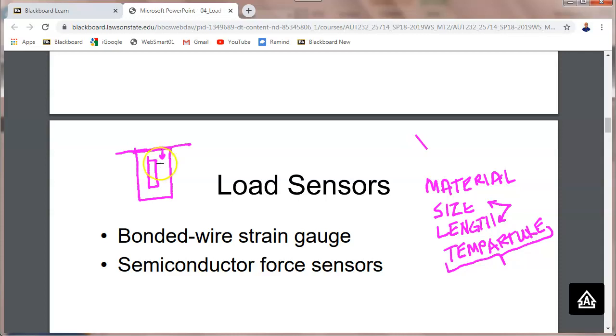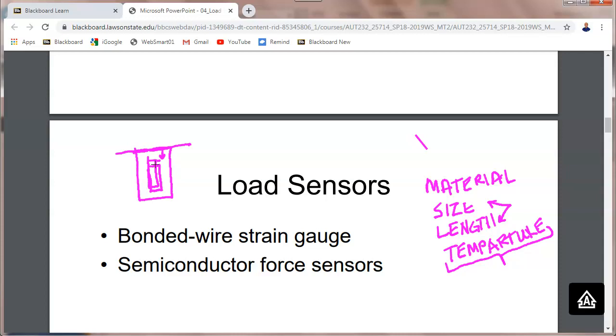It would take this conductor and not only make it fatter, it would make it shorter. So the size goes up, the length goes down, and the resistance of the wire would go down. You understand what I'm saying, yes or no?